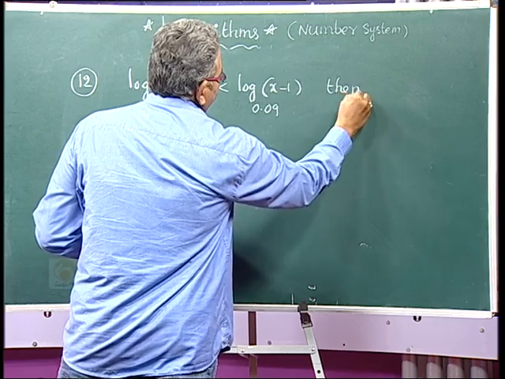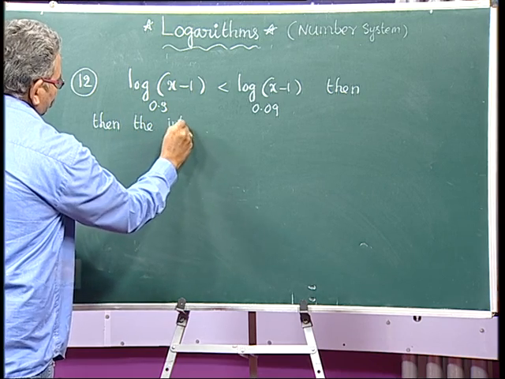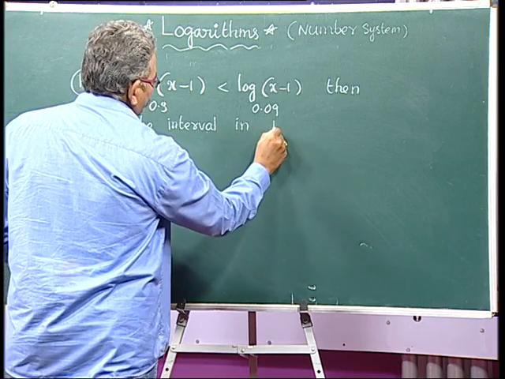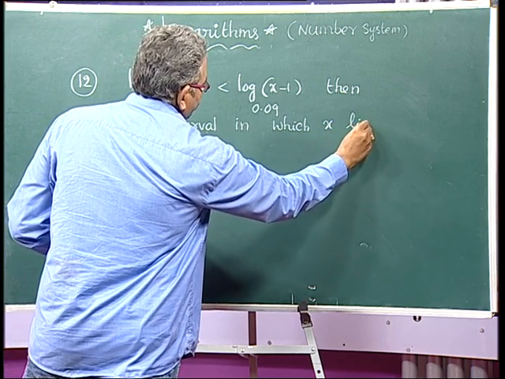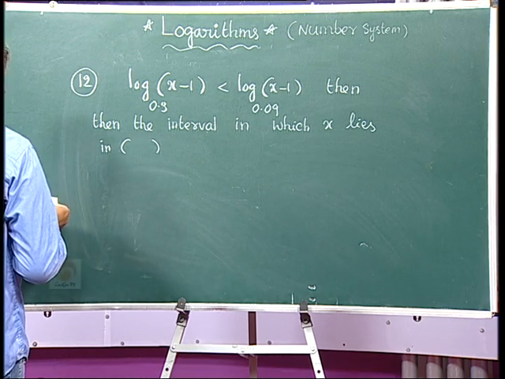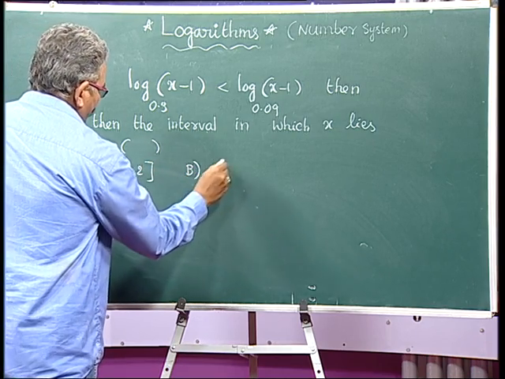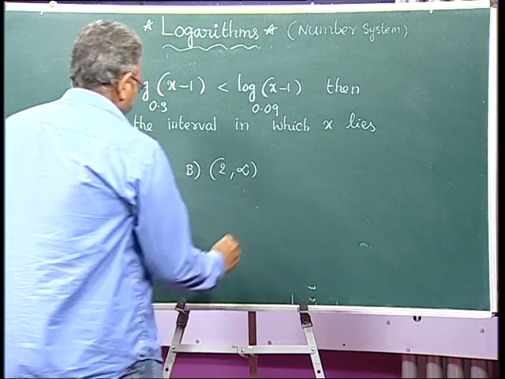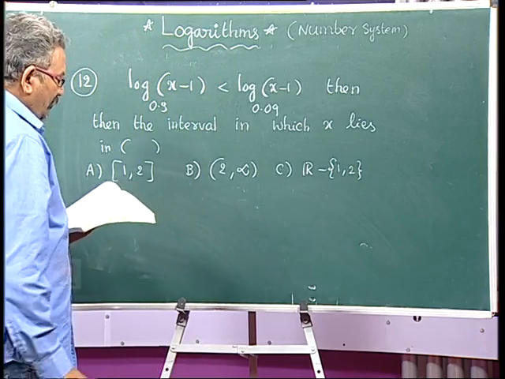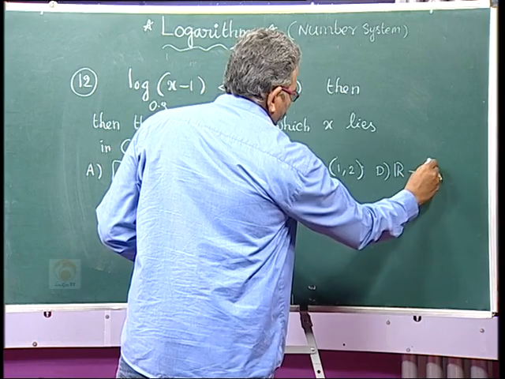Then the interval in which x lies in: A, closed 1 comma 2; B, 2 to infinity; C, R minus (1, 2), sorry, R minus (1, 2); D, R minus closed 1 comma 2.